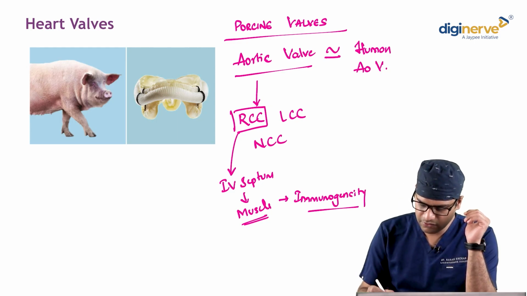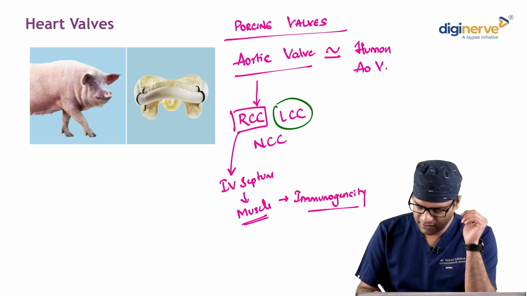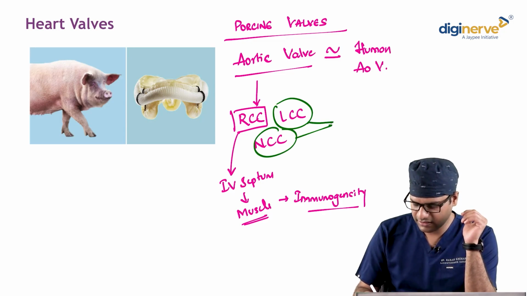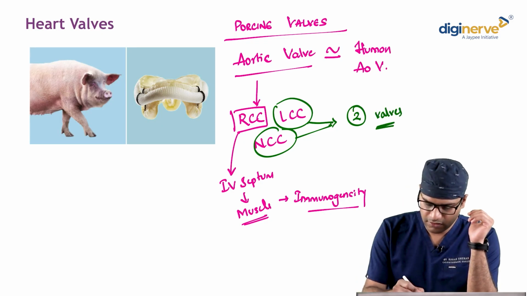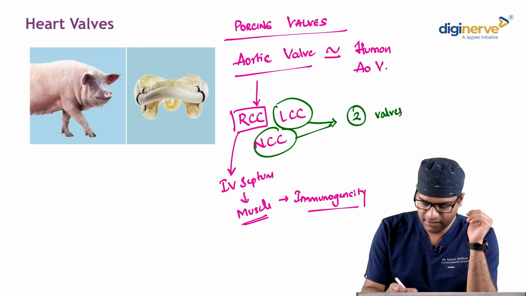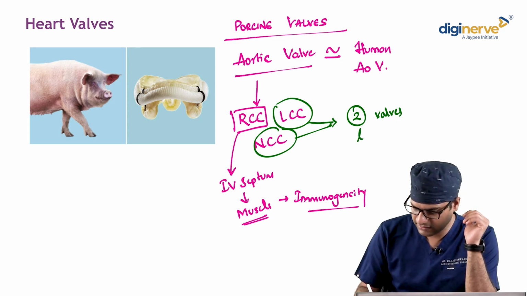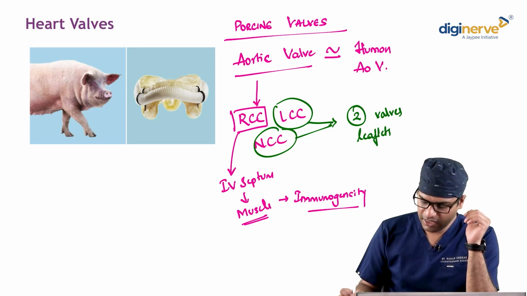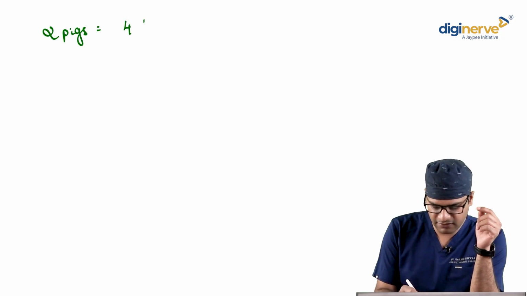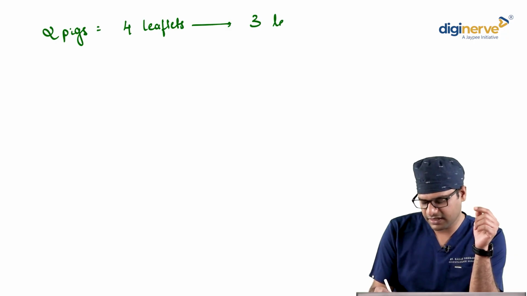So all we can use for making the heart valve is the left and the non-coronary, 2 valve leaflets to be precise. So in order to make 1 valve, you require at least 2 pigs. Gives us 4 leaflets, 3 leaflets utilized.